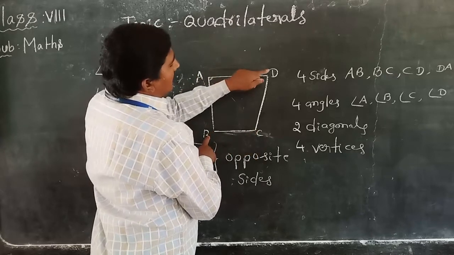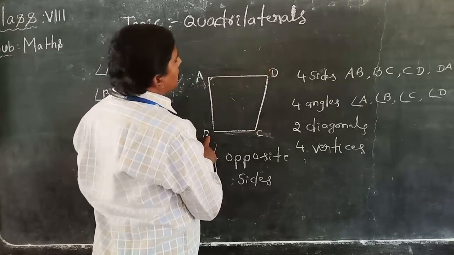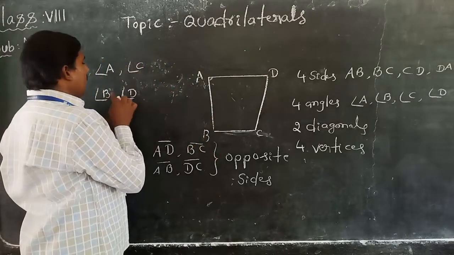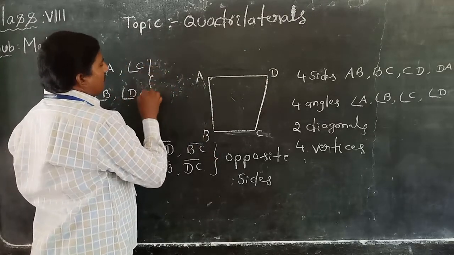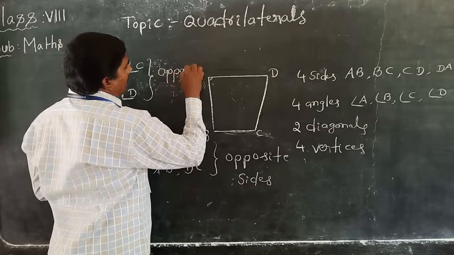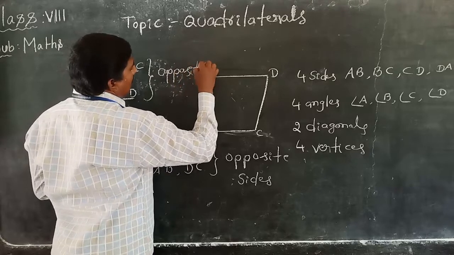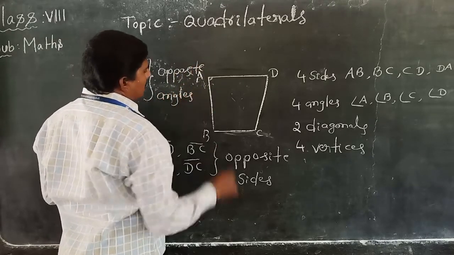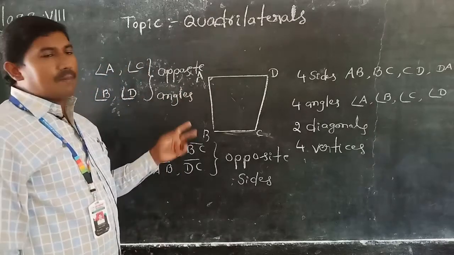Angle B and angle D also don't have a common side. So angle A, angle C and angle B, angle D are opposite angles. These are the properties.